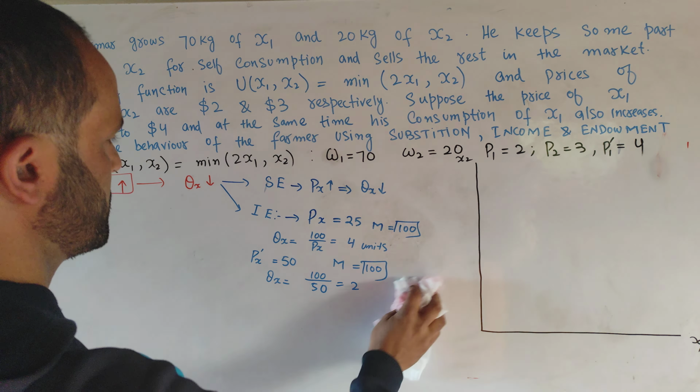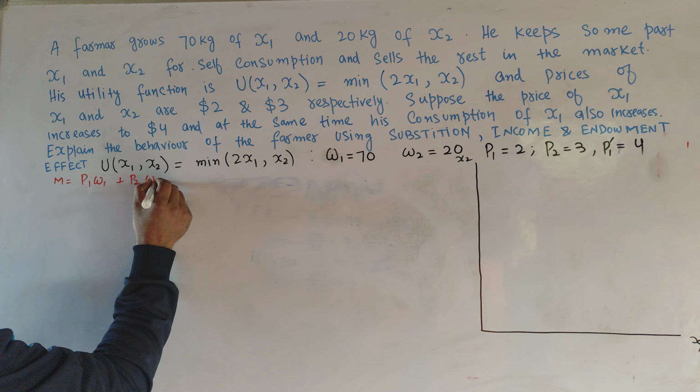Now what will the consumer do? First we need to find out the total income of the consumer. Income is here endogenous, not exogenous. So the total income of the consumer will be equal to price of good 1 times the endowment of good 1 plus price of good 2 times the endowment of good 2.